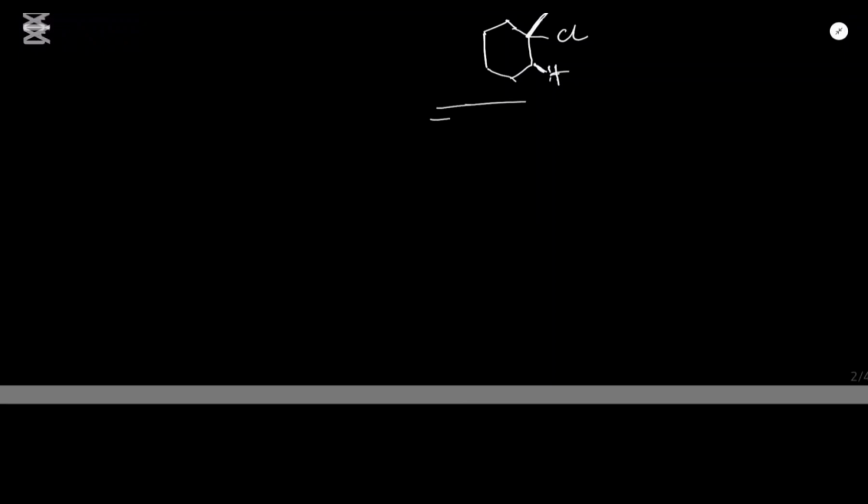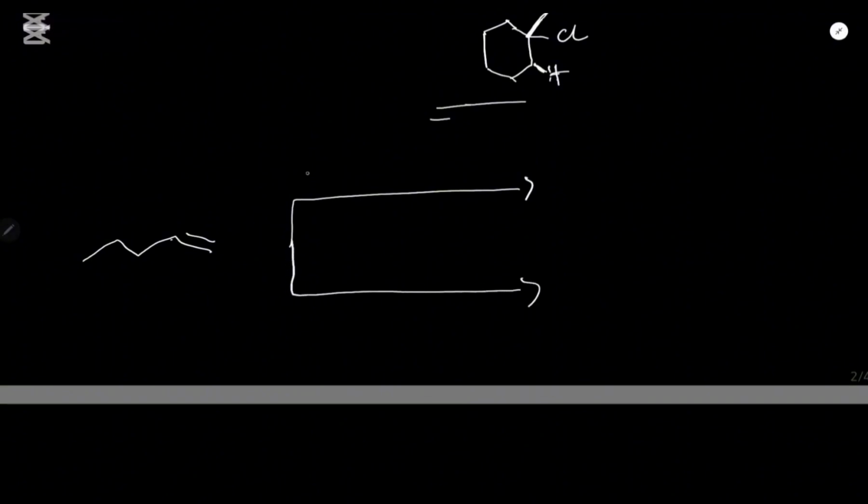Okay, what if you are given this wonderful alkene, then here HBr, then here also HBr, but in peroxide, something like this.